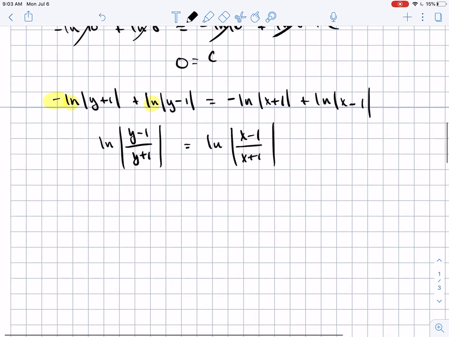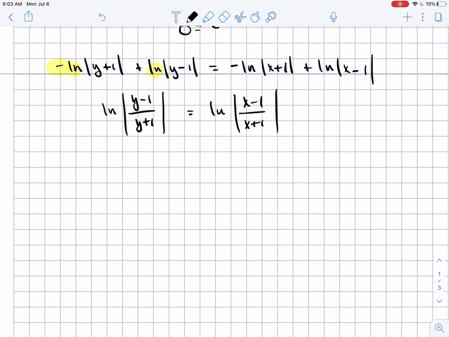And now, since you have ln on both sides, you could eliminate the ln. Really what you're doing is applying e to both sides, e to that power, so it's like an inverse and it cancels out.